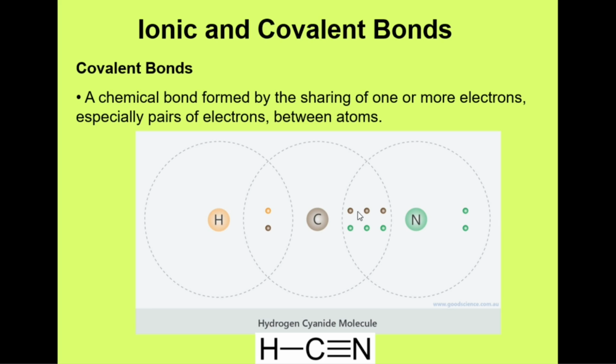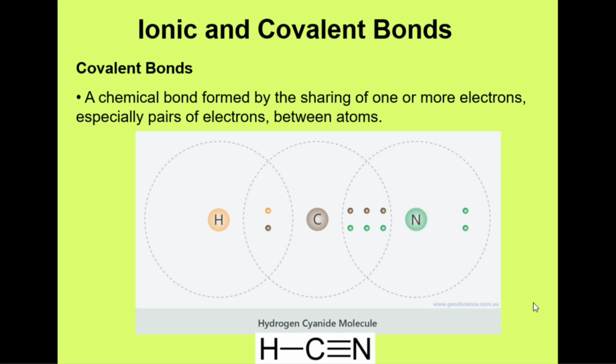And it can actually share 3 of its valence electrons with a nitrogen atom. And nitrogen wants 3 additional electrons to complete its valence shell, so it will share 3 of its electrons with carbon, and that will actually form a triple covalent bond. And that's shown by those 3 straight lines. And you can see it up here where you've got the sharing of 3 pairs of electrons.